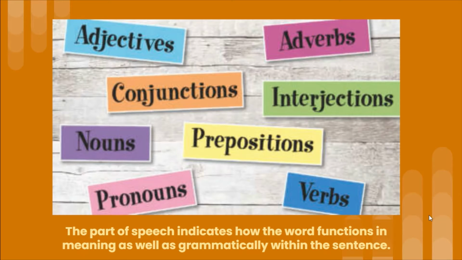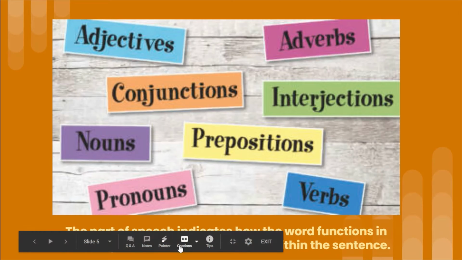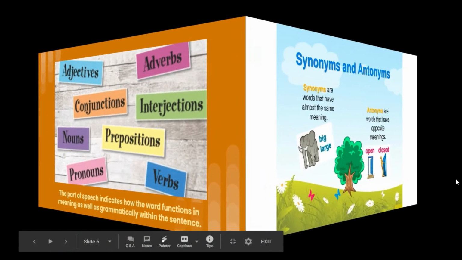We use them because the parts of speech indicate how a word functions in meaning as well as in a sentence. It tells you whether it is a verb, a noun, a conjunction or a preposition. So it just tells us the position or the job of that specific word in a sentence. We're not going to go over this now because we have done this before. Just wanted to remind you about that.